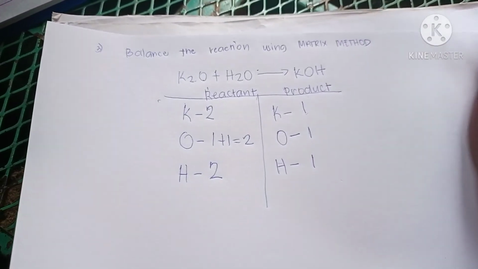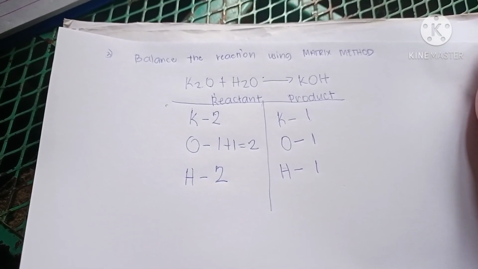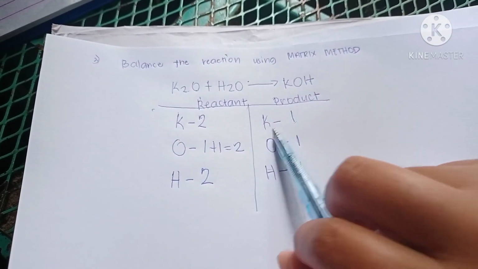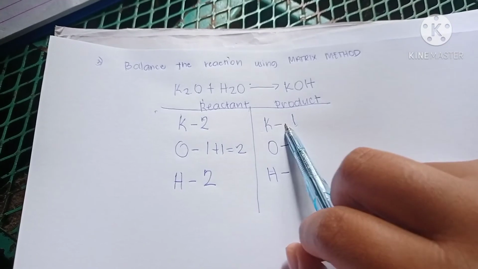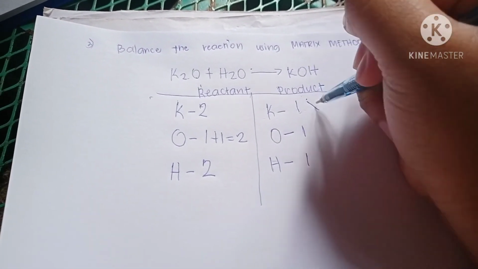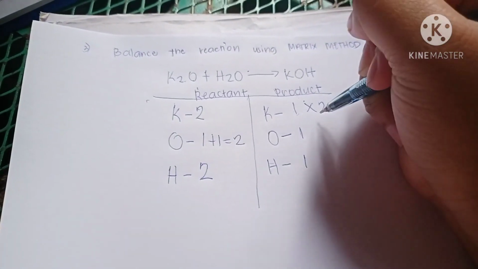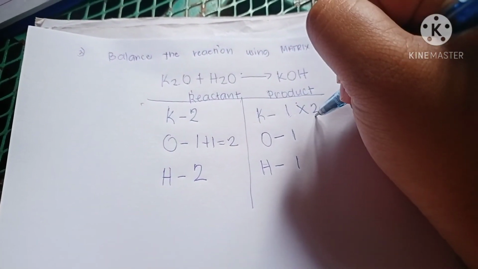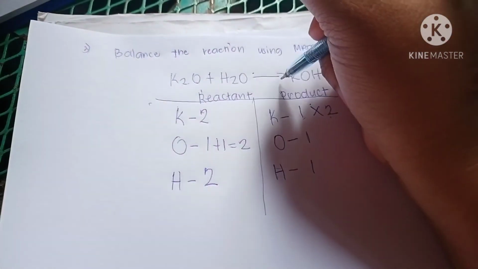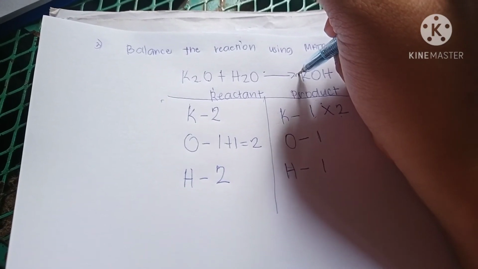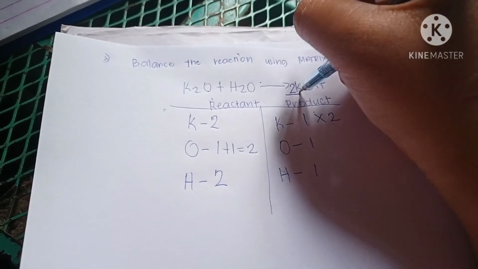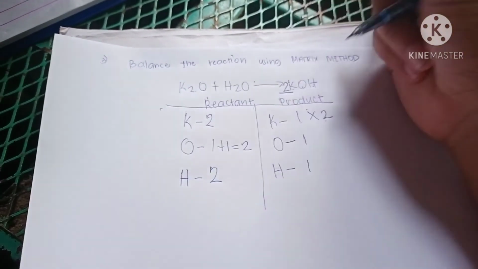So ang atong sunod buhaton is para ma-balance ni sila, we need to multiply potassium. We need to apply the 1 atom of potassium into 2. So, it became 1 times 2. So, since gi-multiply man nato siya by 2, it is considered as the coefficient sa atong K, sa atong potassium, sa atong oxygen, o sa atong hydrogen.